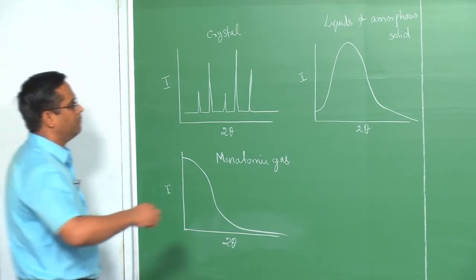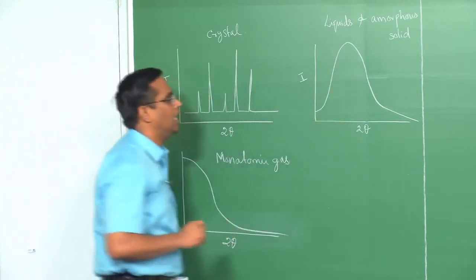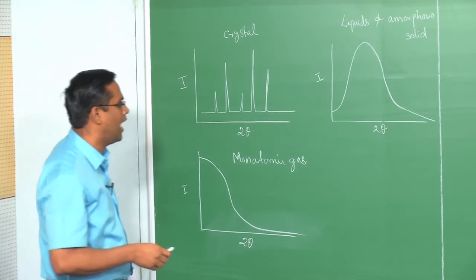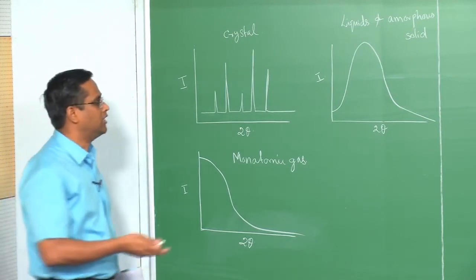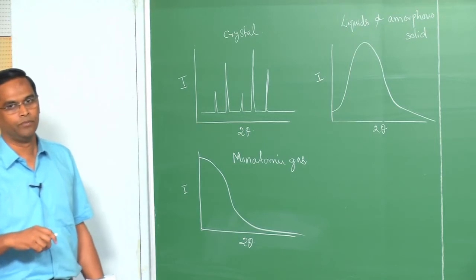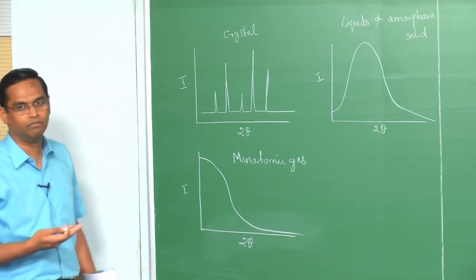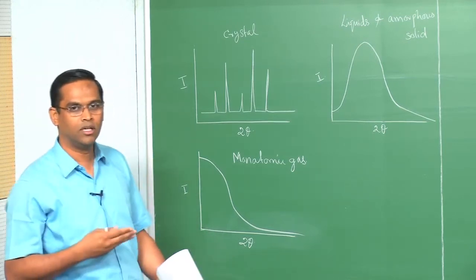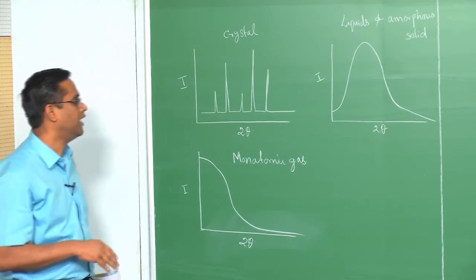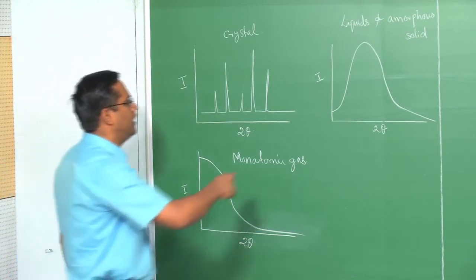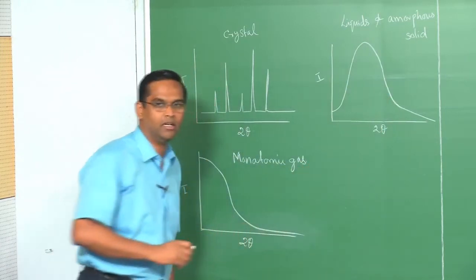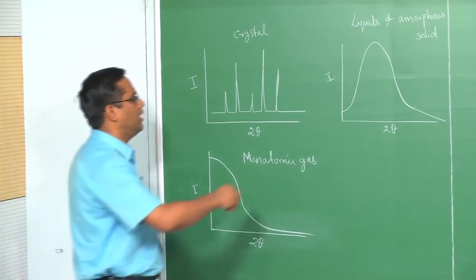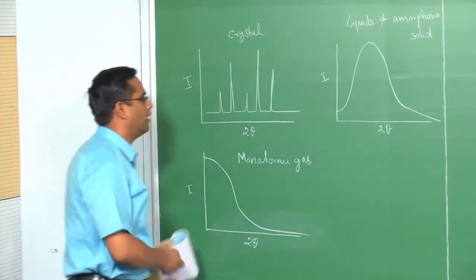If you look at the intensity versus 2 theta pattern for a liquid and an amorphous solid, it is quite interesting to note that you do not have a sharp peak at a given 2 theta. So, it is quite random. It is a lack of order. You see that there is no concrete order or 3-dimensional periodicity. What you see is 1 or 2 peaks statistically chosen by the system, and what you really observe is a very broad peak.